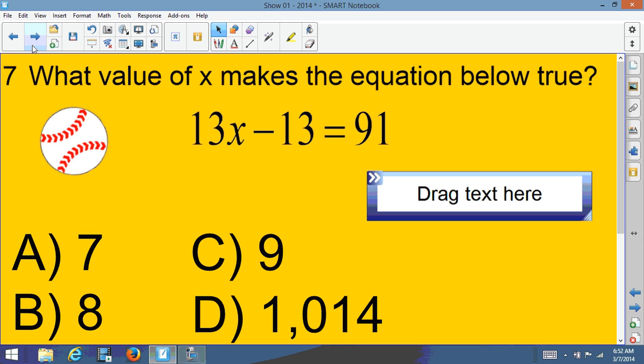Here's our first question. What is the value of x that makes the equation below true? We have 13x minus 13 equals 91. We have a multiple choice.